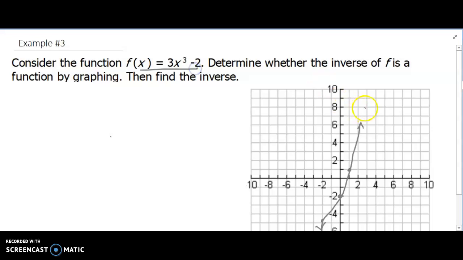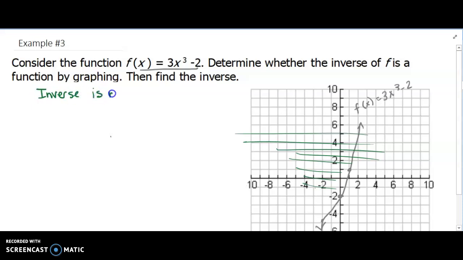This is f of x equals 3x cubed minus 2. Okay, now I can draw any horizontal line here. I can draw an infinite number, and that horizontal line will never intersect that graph at more than one point. And therefore, by doing the horizontal line test, I know that the inverse of this is a function.